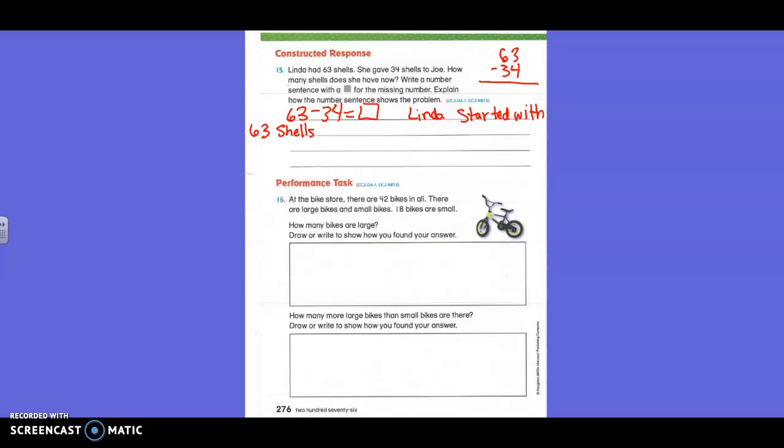Okay, she gave away 34, right? She gave away 34. I need to find how many she has left.